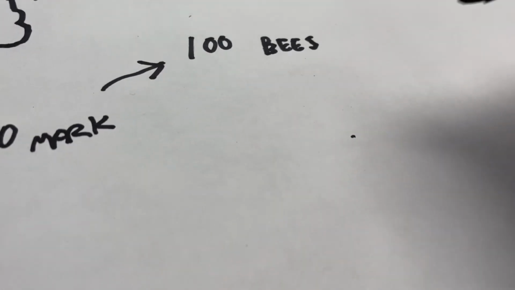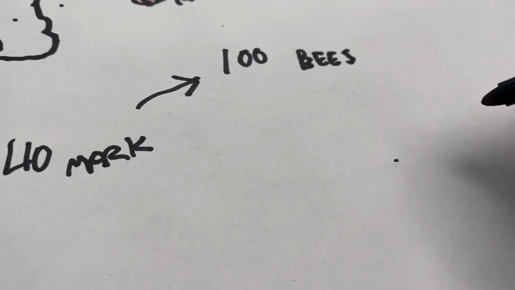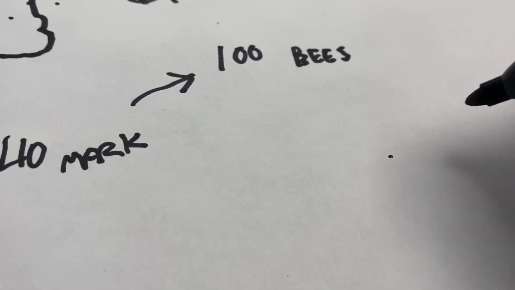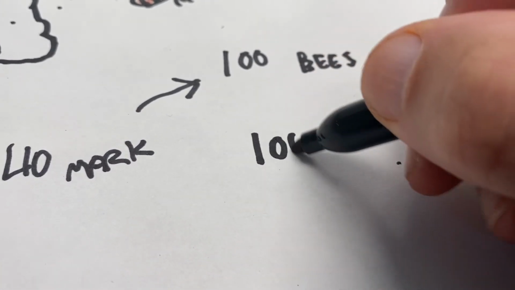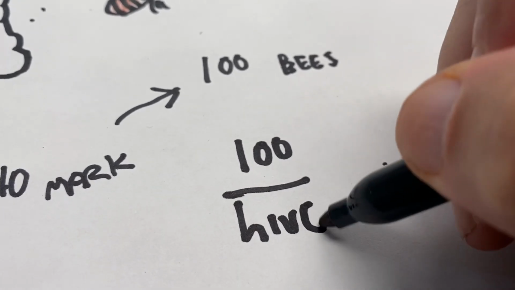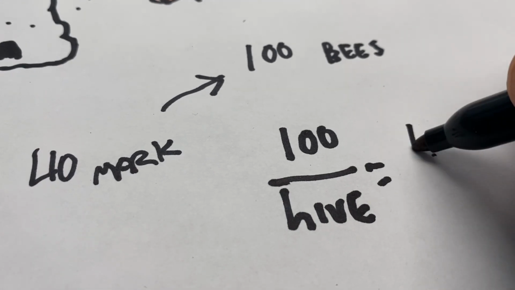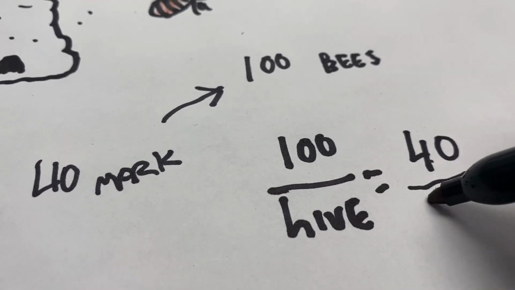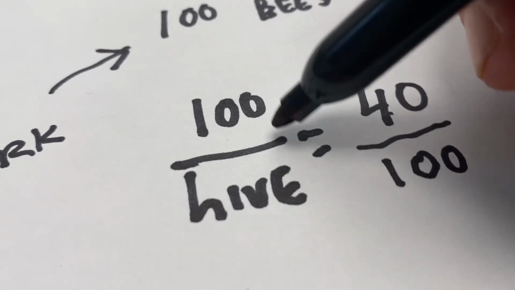Okay, so how do I figure out how many bees? It's not 160. It's not the 100 bees plus the 60 left over unmarked bees. No, it's 100 out of the whole hive is going to be equal to 40 marked bees out of 100 captured bees. All right, and then we're going to do some cross multiplying.